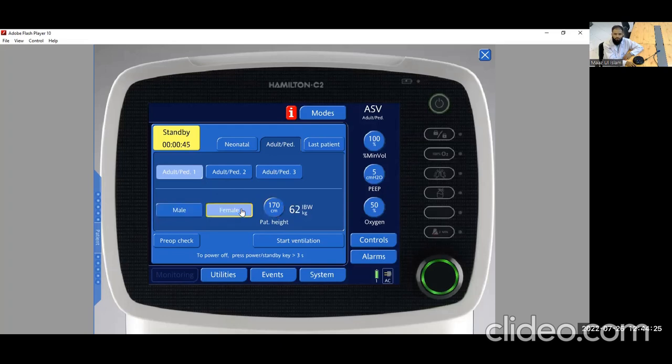And in females of 170 centimeter height, the ideal body weight is 62 kg. So we will set the tidal volume at 6 to 8 ml per kg ideal body weight. So how will we find the ideal body weight? We will find it on the ventilator through this mechanism. Simply put in the height and gender, and we will find the ideal body weight of the patient.